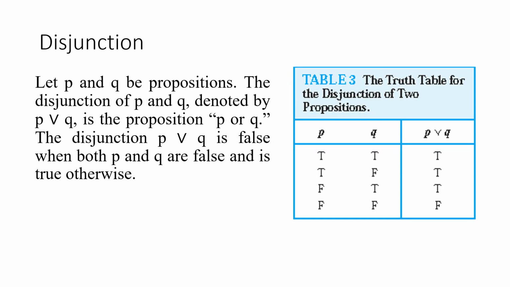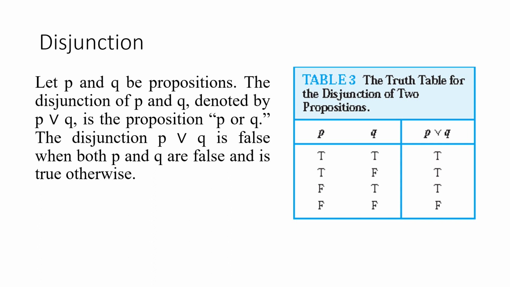If P is true and Q is true, then P or Q is also true. When P is true but Q is false, then P or Q is true.